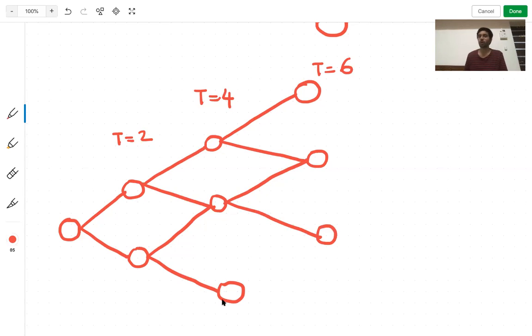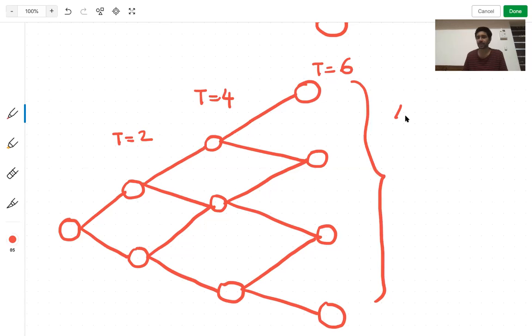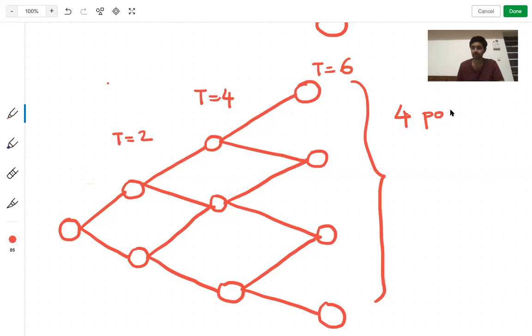And from the bottommost node at t equal to 4, the share price can again increase or decrease. So if you look at this, you have 4 possible share prices.